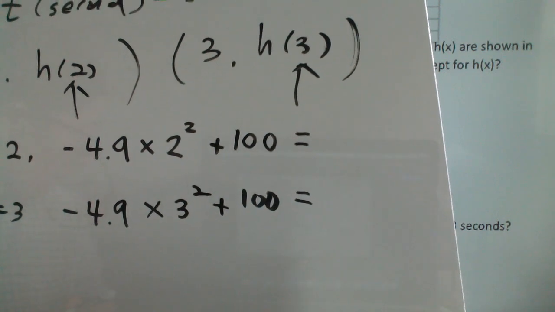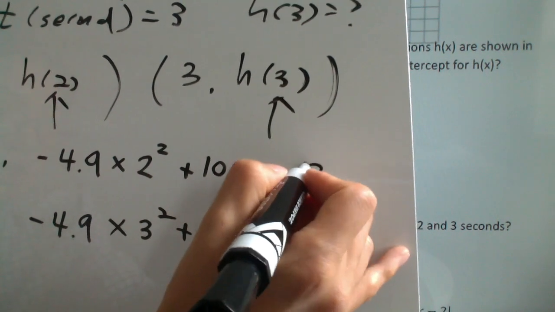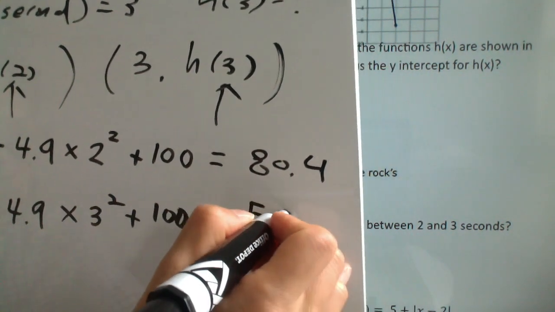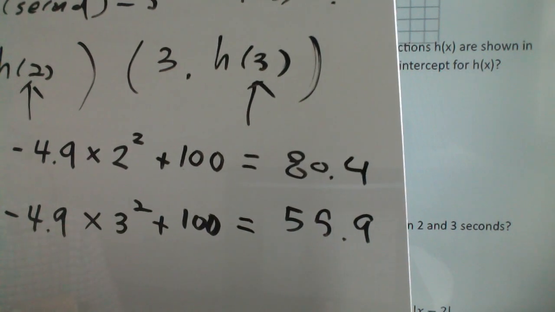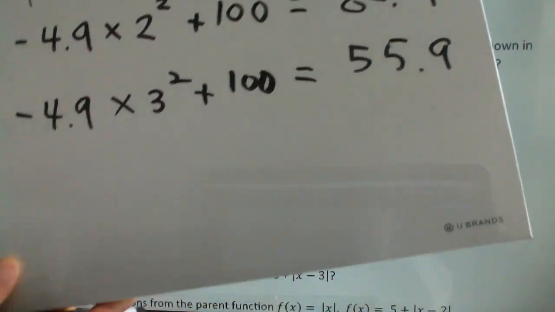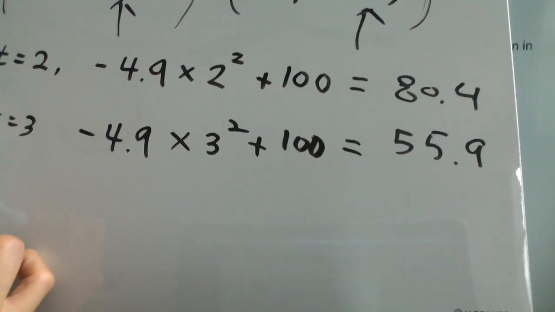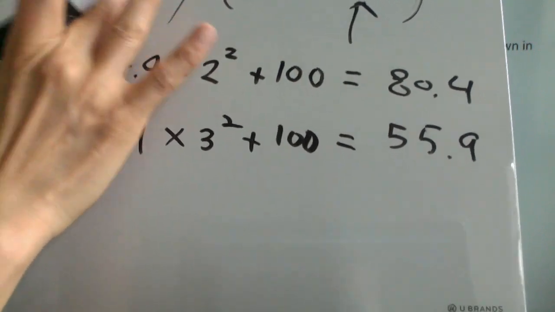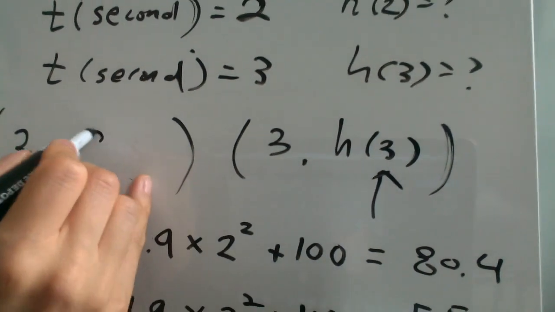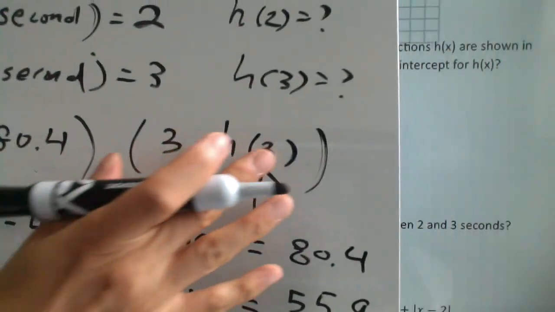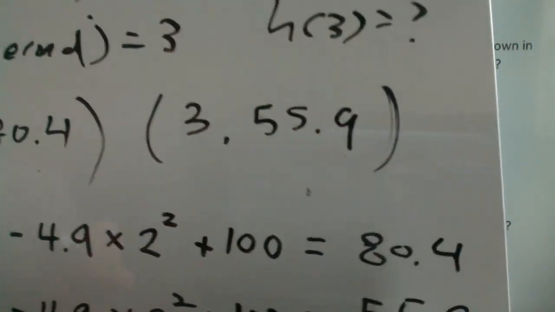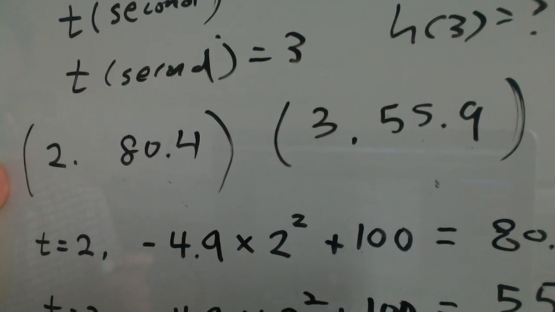Okay, so by my calculation, this is 80.4 and the other one is 55.9. So this is the 2 points that we got, right?